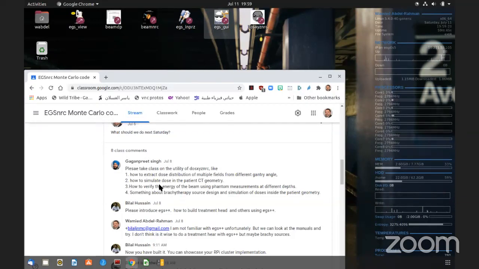The next question is how to verify the energy of the beam using phantom measurements at different depths. You have a PDD that you have measured. Then with the simulation, you extract, let's say, DOSXYZ profiles using STATDOSE, normalize to 3 centimeters or any distance, and then do a comparison.